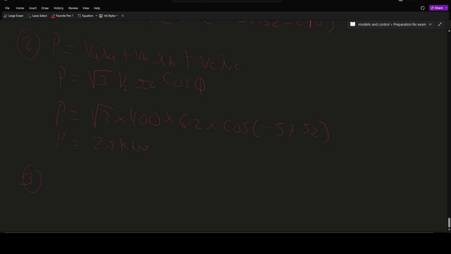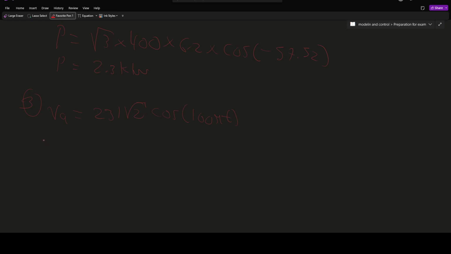So we can just write it here. First, we need to write our voltage equations. We have 231, that's what we calculated. We multiply it by square root 2 to get the peak value, and we have omega t. This is our voltage in A. Our voltage in B is the same, but with minus 120.